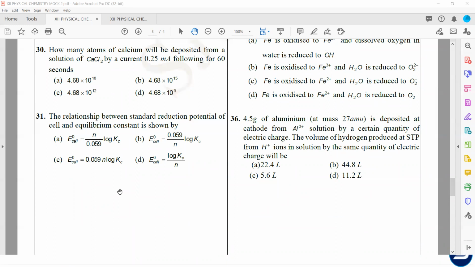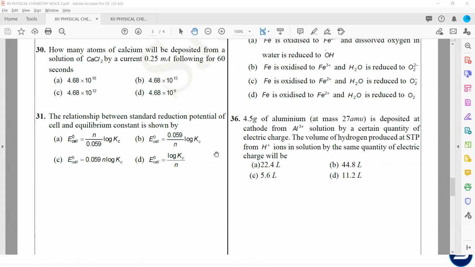You will get the number of calcium atoms which will be deposited. How will you find the number of moles? Find the charge and then divide by 96500 to find the amount of electricity in Faraday.